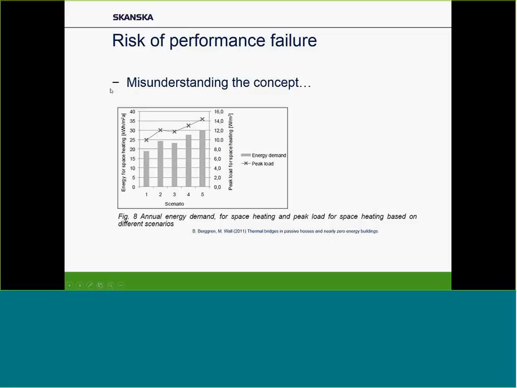And the correct way was example number 4 here, but you could end up with example 5 or example 1, which means that the design of the heating system could be up to roughly 40% false due to not understanding how to calculate heat transmission losses.